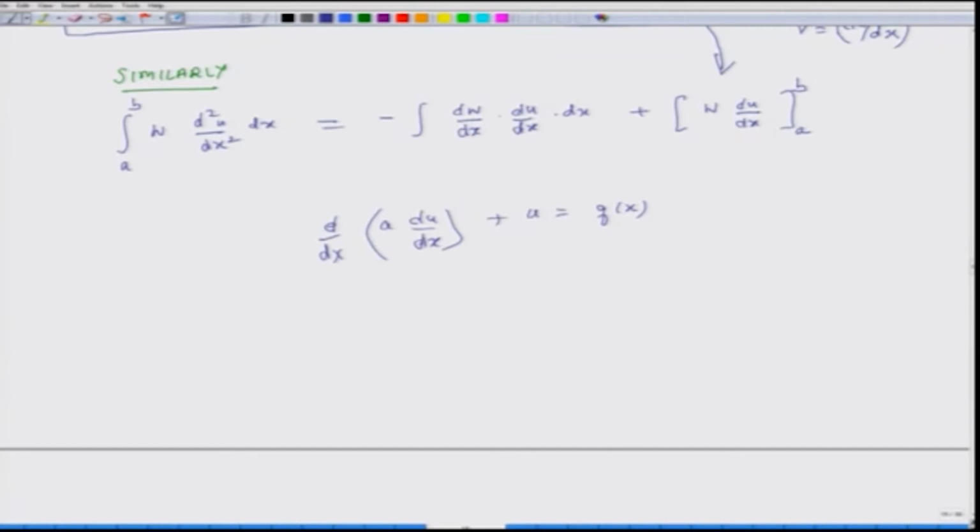Similarly, the heat conduction equation in one dimension is a second order differential equation. So you will get in several equations second order derivatives.